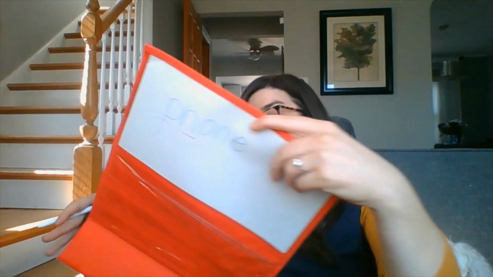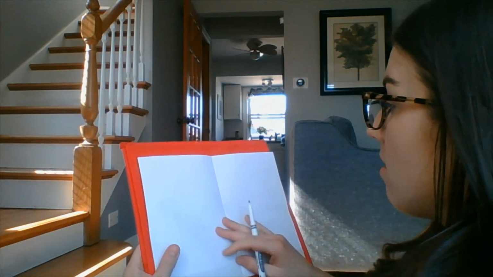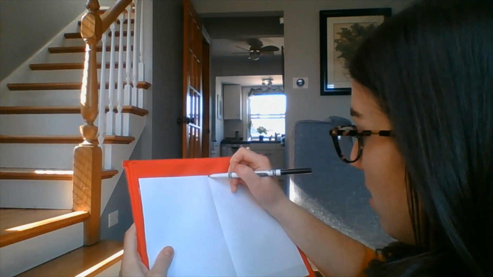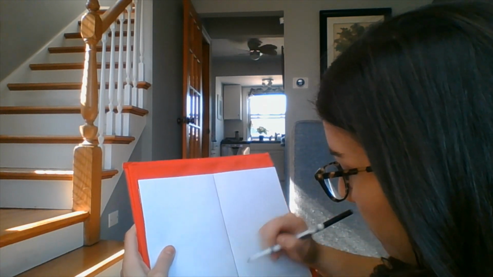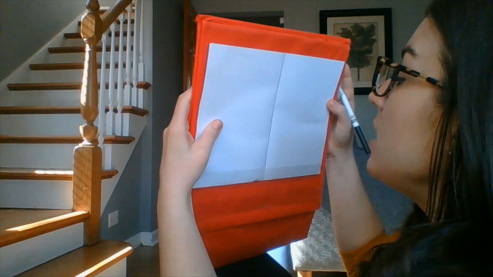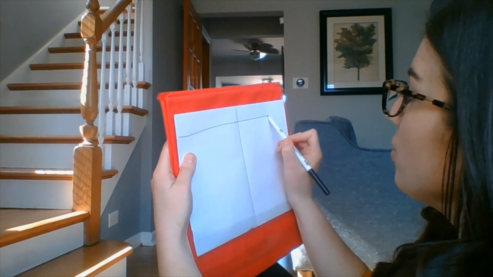I have my little handy dandy easel here that I'm going to hold up. All right, so here's my easel. There's the start to my T-chart, and I need to make a line going this way too.